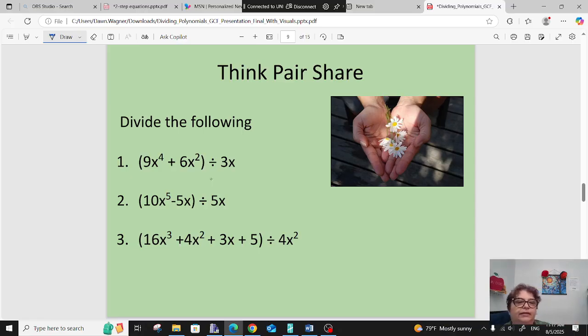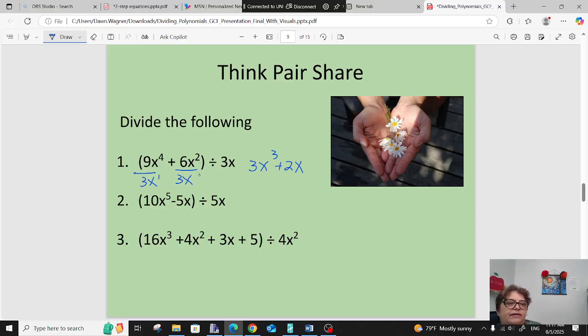So over here, when you divide by 3x, you should have had 3x to the third plus 2x. Because 9 divided by 3 is 3. X to the fourth minus the 1 gives us a 3. Over here, 6 divided by 3 is 2.